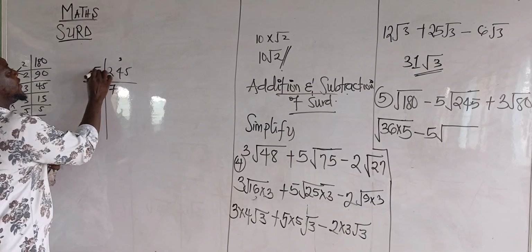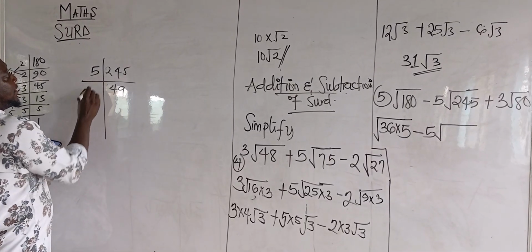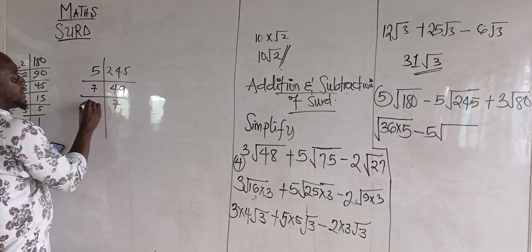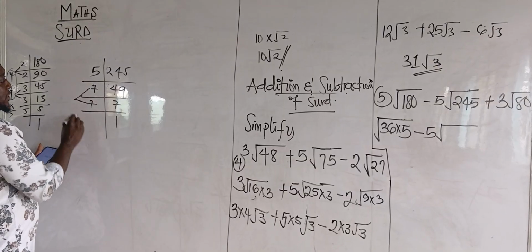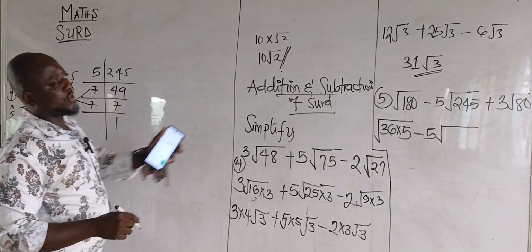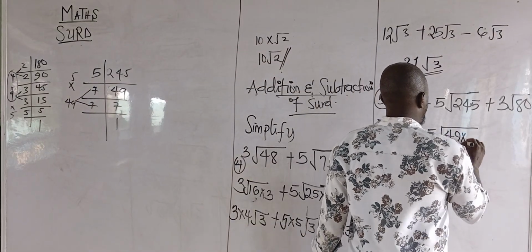So 5 can go in this one. That will give us 49. 5 can no longer go in this one, but 7 can go. This is 7. 7 can go here. This is 1. So obviously, this one will give us 49 here times 5. So 49 times 5 will give us 245. So I'll put it as 49 times 5.